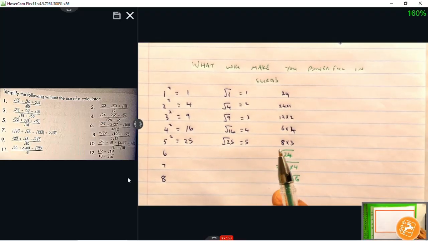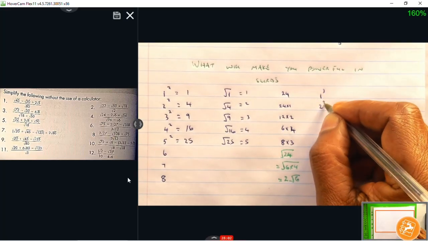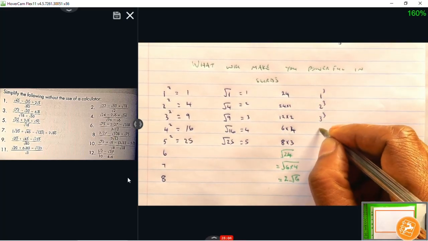So know your squares, your square roots, and your factors. Then after that, when you've mastered that, in your exam they will also include these ones: 1 cubed, 2 cubed, 3 cubed, 4 cubed.